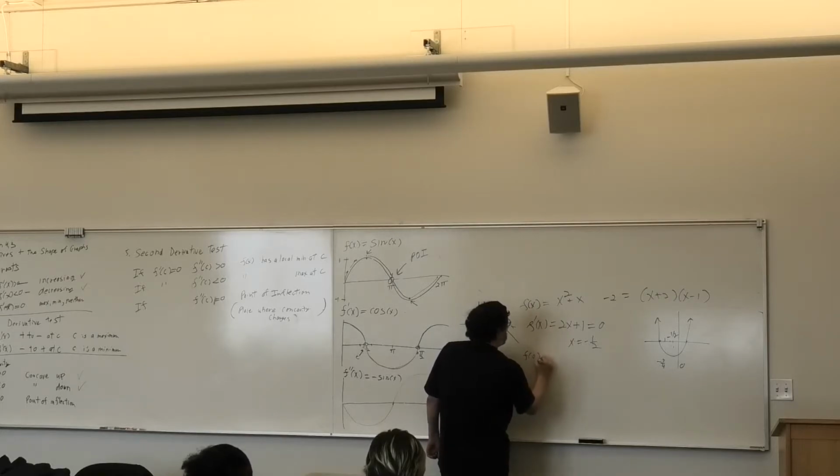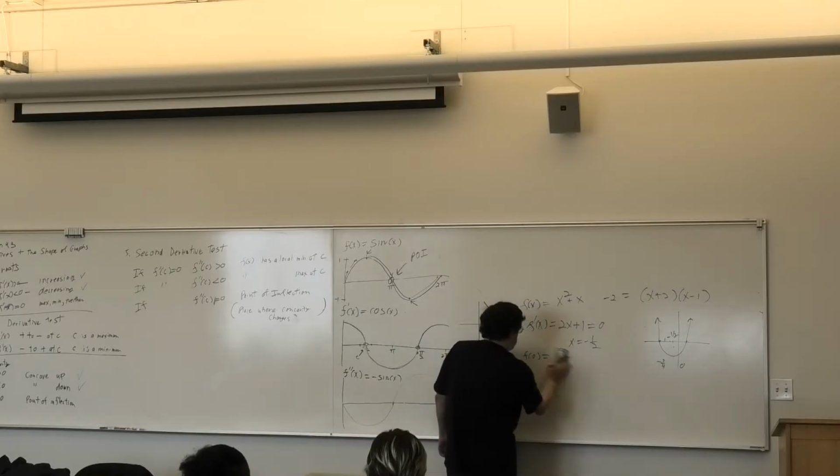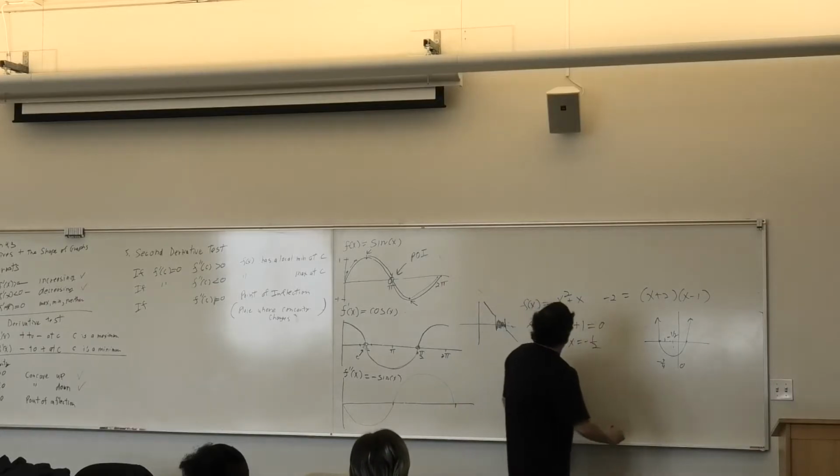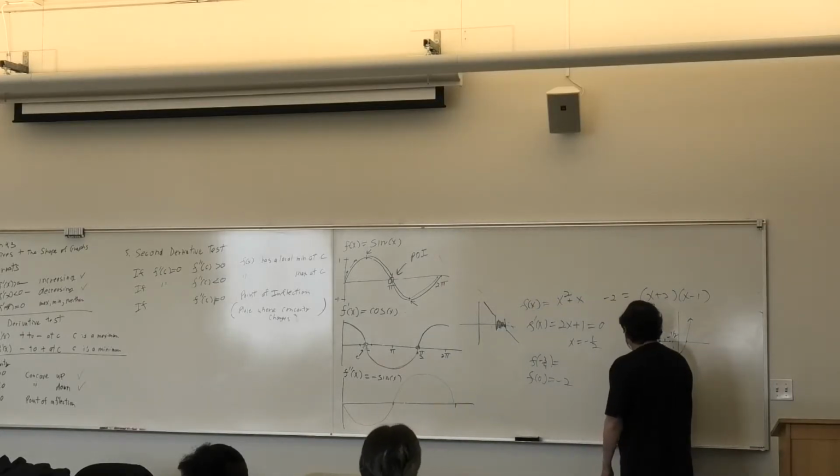F of 0, that's easy, it's -2. F of 0 equals -2, and F of -3/4, what's that? That's 9/16 minus 3/4 plus 2.